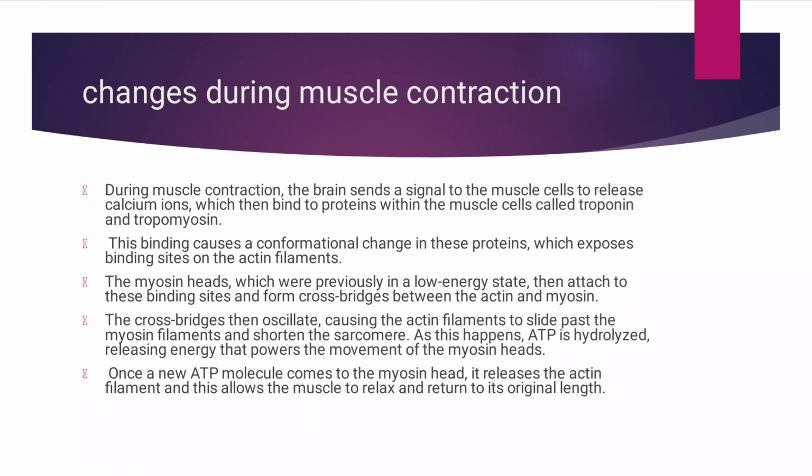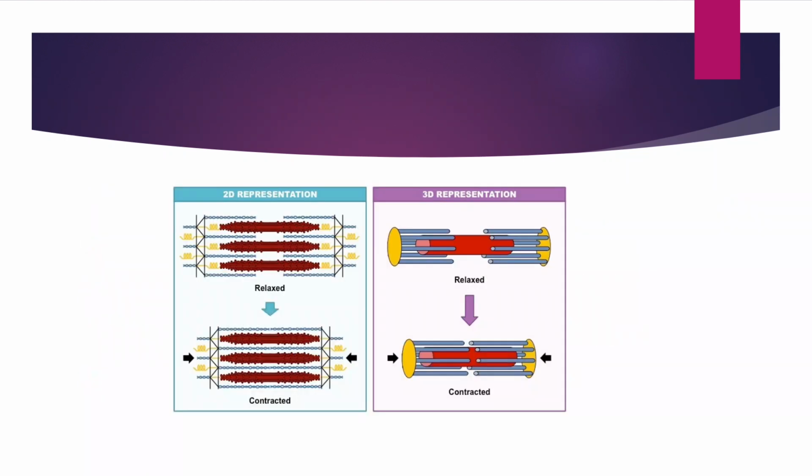Once a new ATP molecule comes to the myosin head, it releases the actin filament, which allows the muscle to relax and return to its original length. This is a 2D and 3D representation of muscle contraction and relaxation.